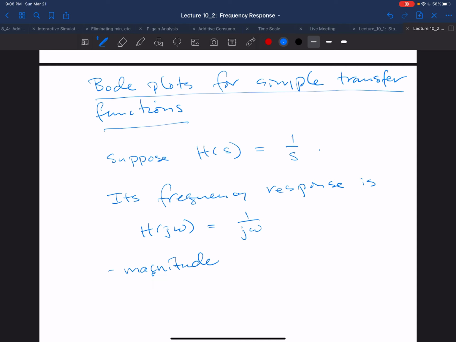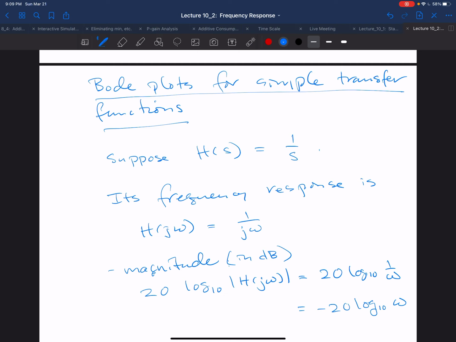What does the magnitude plot look like? Well, if we're plotting 20 log 10 of the modulus of H(j omega), which is the magnitude in decibels, then that's 20 log of 1 over omega, or minus 20 log omega.